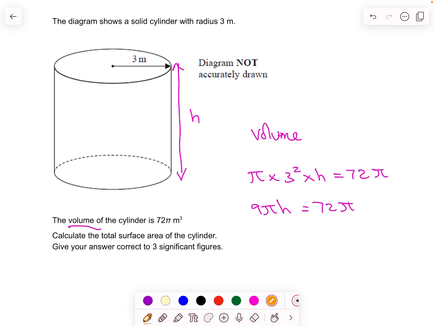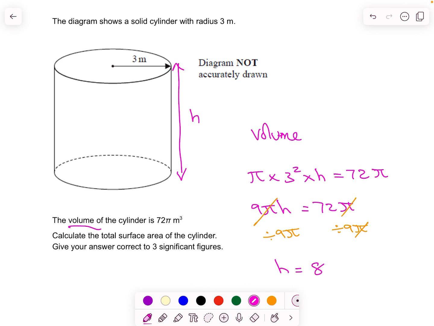I'm going to divide both sides by 9 pi. So that gets rid of it here, and the pi's will cancel out. And so what I get is that h equals 72 divided by 9, which is 8. So the height is 8.